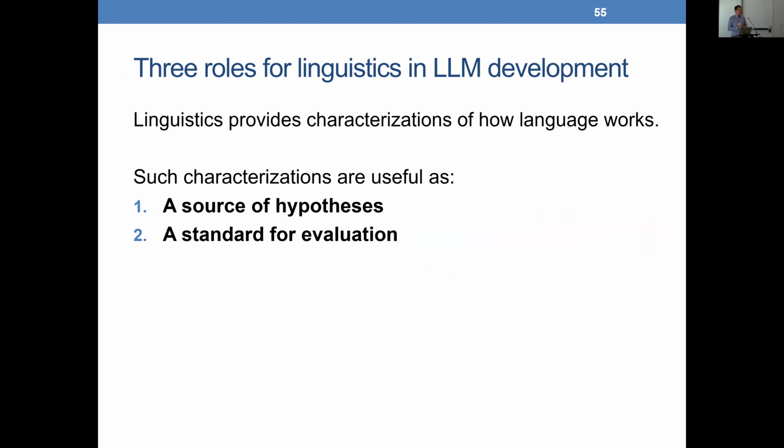So now zooming out of that natural language inference case study, this one actually showcased both of these first two ways in which characterizations from linguistics can be helpful for understanding large language models. So first, we can use ideas from linguistics as a standard for evaluation. So here we can have some abstract idea from linguistics that we use to describe what we might want to see in a model.